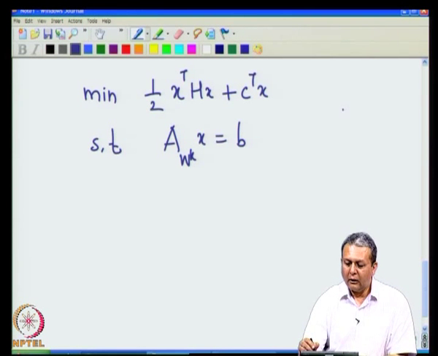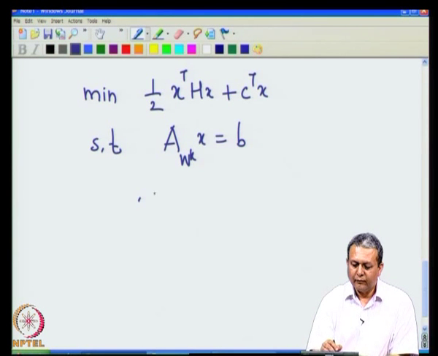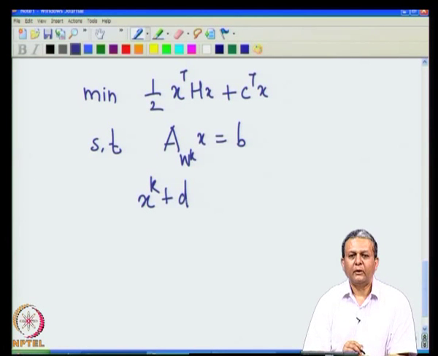What we want to find is xk plus d, such that any movement along the direction d, at least a small movement along the direction d, should be feasible.